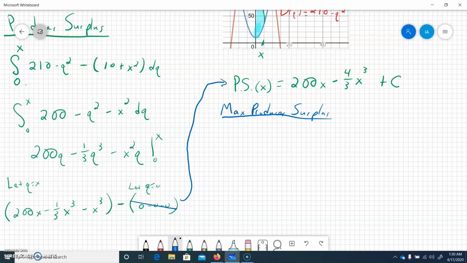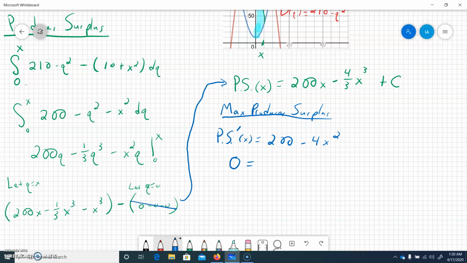So if we want the maximum, we will take the derivative. That would give us 200 minus 4x squared. The derivative tells us the slope at any place, and we want the slope to go flat, or to be 0, when we hit a high point.